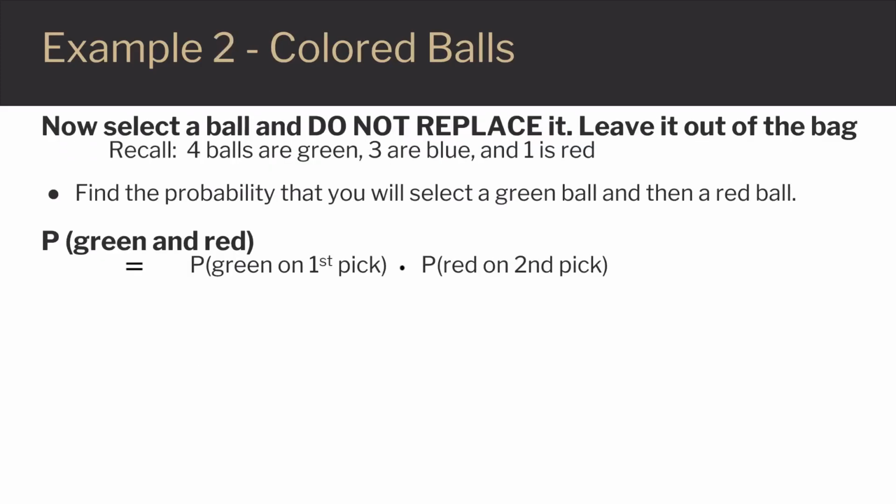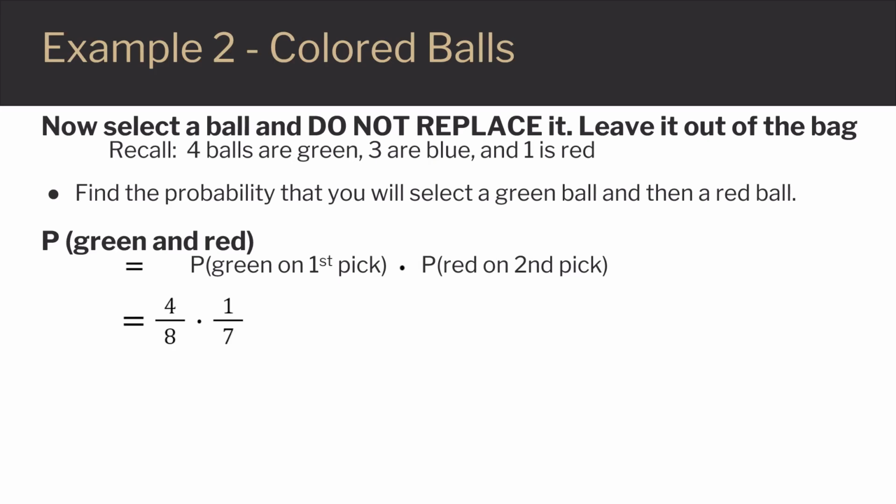In our second example, let's consider the same bag, but we will draw without replacement. Find the probability. You will select a green ball followed by a red ball. Since we have an AND in the problem, we'll multiply the probabilities together. For the first ball, there are 8 balls and 4 of them are green, so the probability is 4 out of 8.